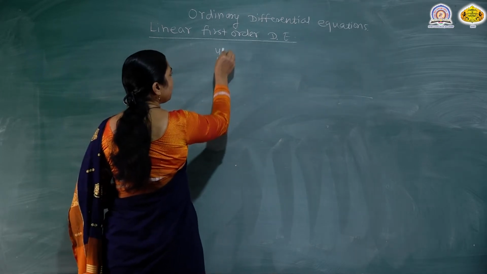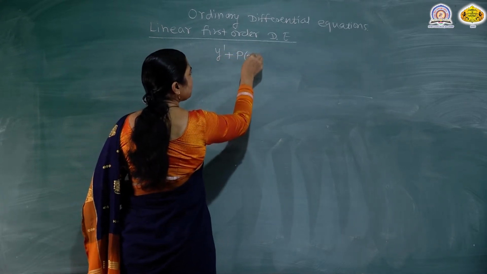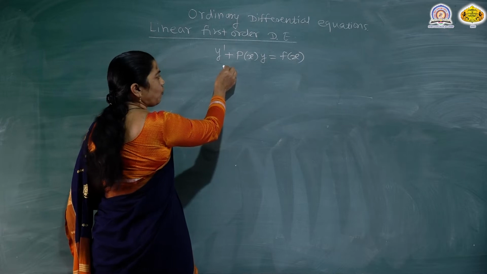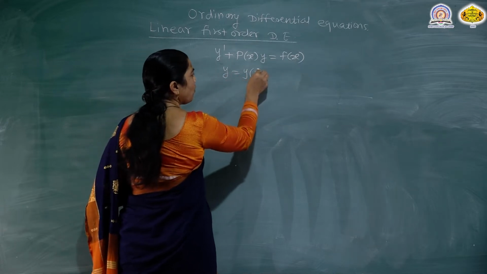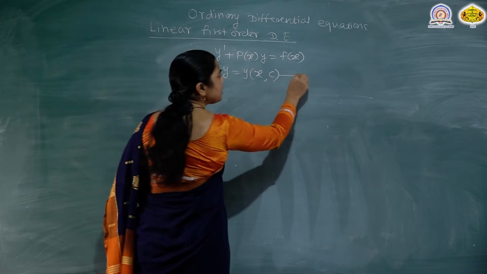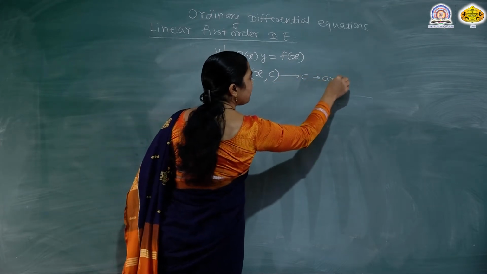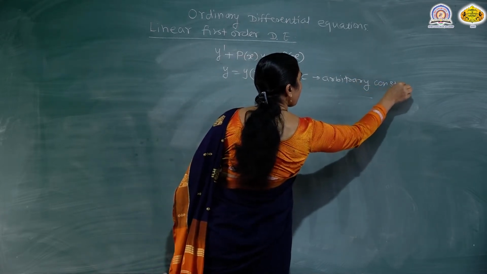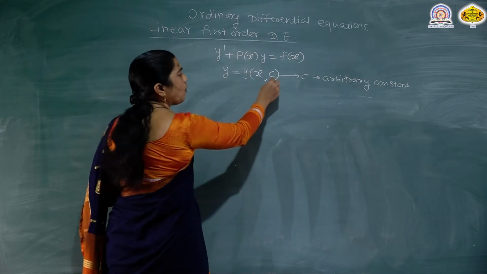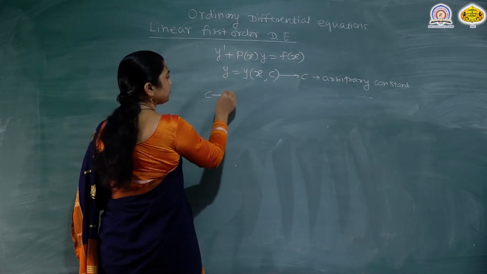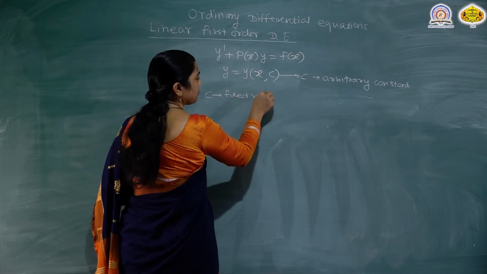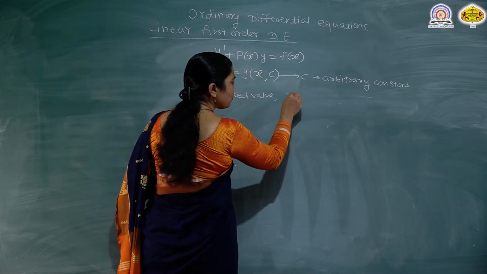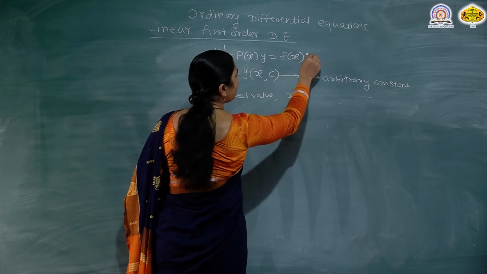If we have the linear equation y dash plus p(x)y is equal to f(x), then there is a unique formula y is equal to y(x, c), where c is an arbitrary constant, such that for a fixed value of c, the formula in terms of x is a solution of this equation.